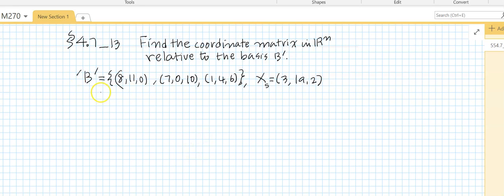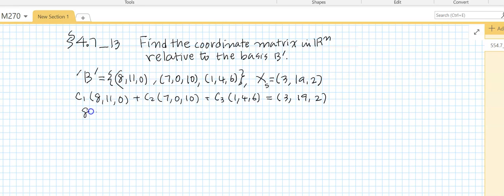What it means here is how many of C1 of (8, 11, 0) plus C2 of (7, 0, 10) plus C3 of (1, 4, 6) will give you (3, 19, 2).